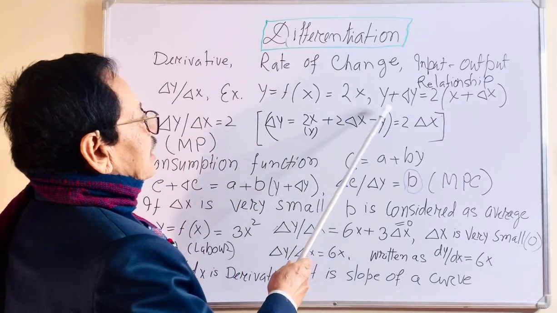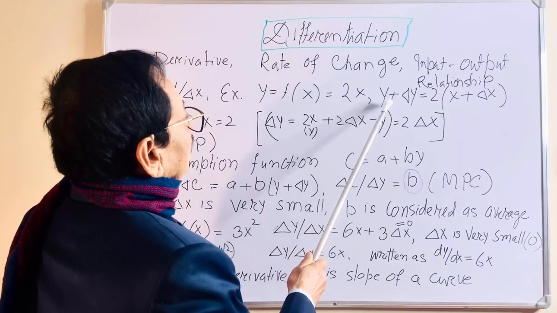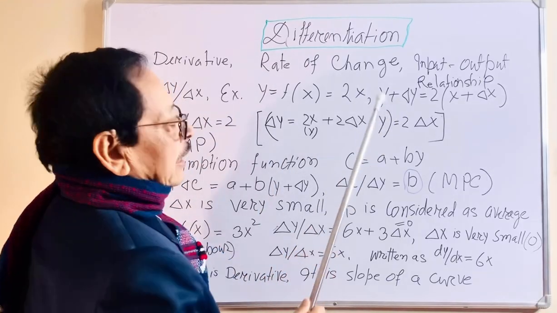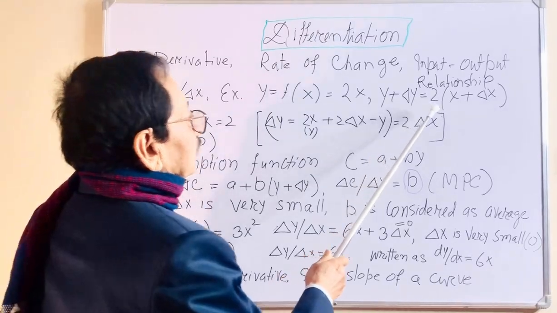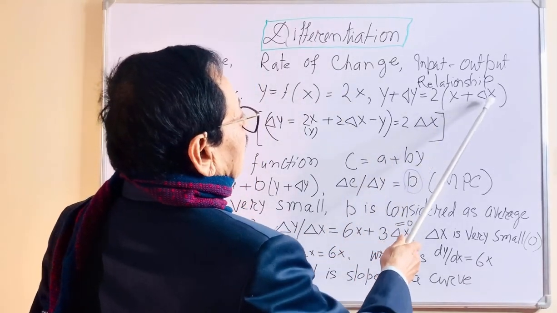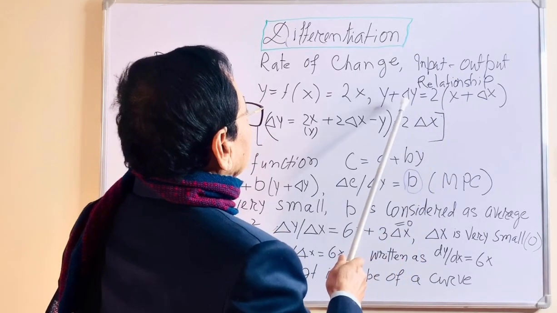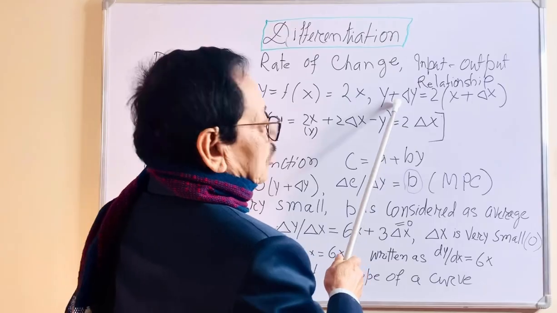Now what is the change in y? y plus delta y is equal to 2 times x plus delta x. So change in x and change in y.